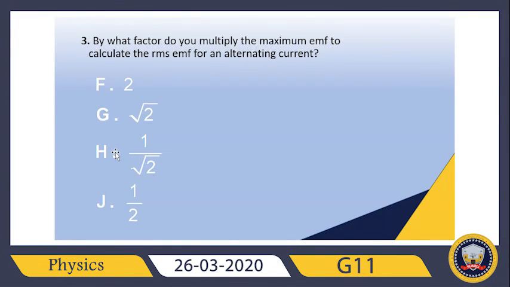For sure, it's divided by radical 2 because, as we said before, IRMS is equal to the maximum value divided by radical 2, which is equal to the maximum value times 0.7, because 1 divided by radical 2 is equal to 0.7. So it's the same whether it's divided by square root of 2 or times 0.7. So the correct answer is H.